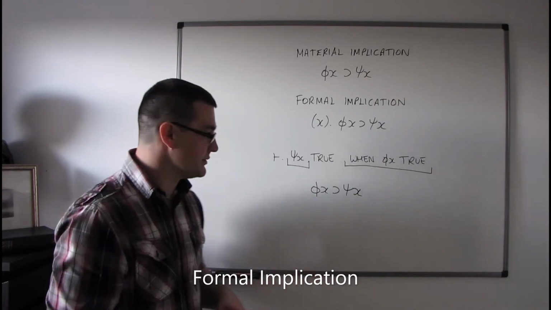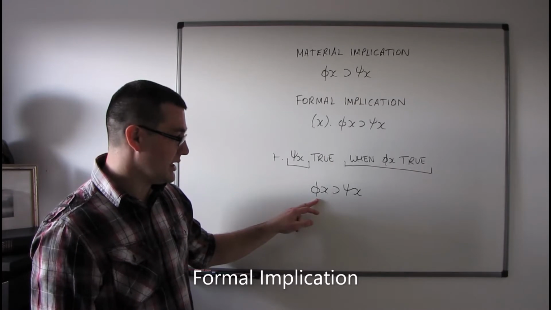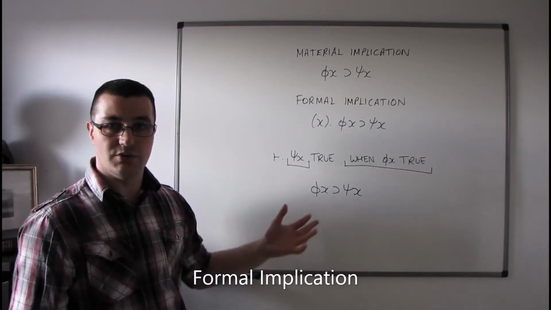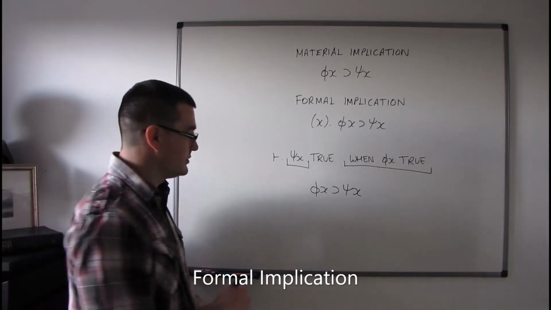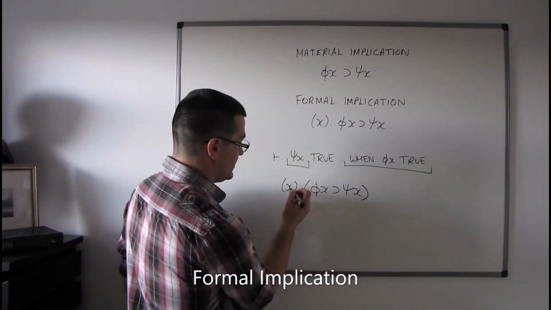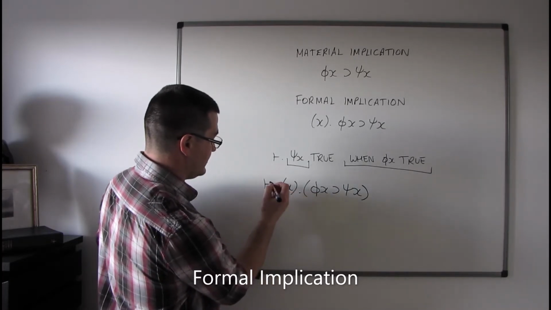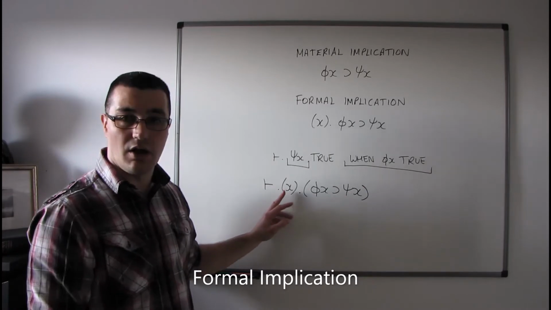And this is important. It seems then that irrespective of whether I choose a value of x that makes phi true or false, the implication is always true. So, therefore, I can form this proposition. Phi x implies psi x always.